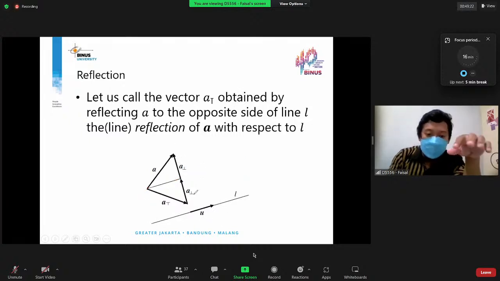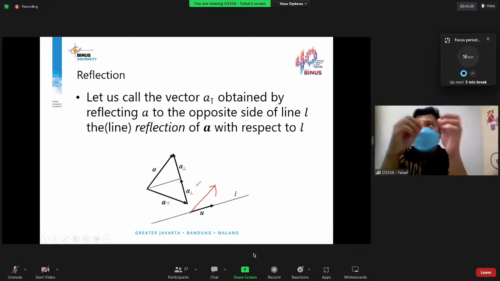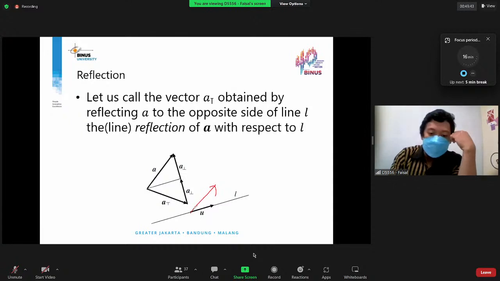You can see that we can move the vectors like this. So we can imagine this is the line L, because we can move the vector A so that its end is on the line.